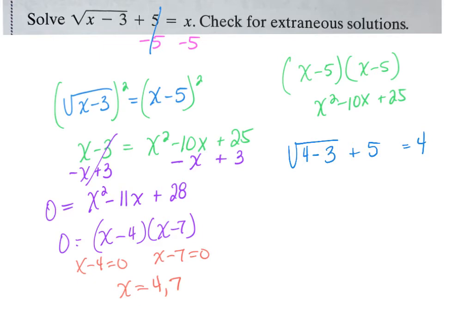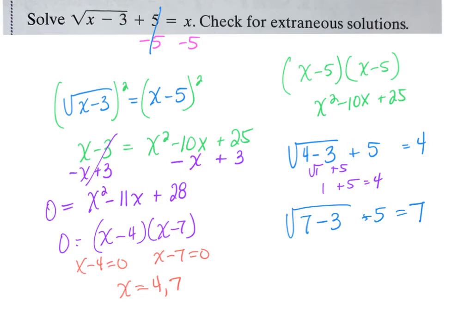And then the square root of 7 minus 3 plus 5 equals 7. For this top one, 4 minus 3 is 1, the square root of 1 is 1, plus 5 equals 6.